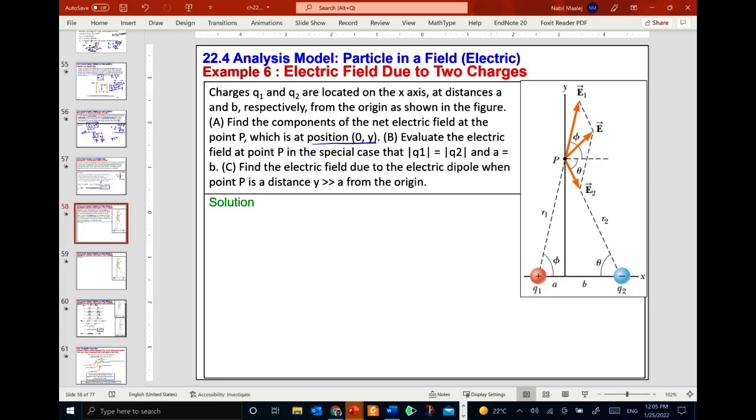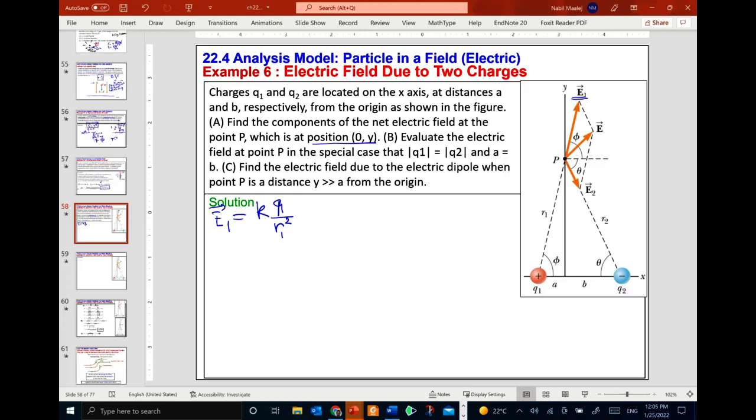So let's draw the electric field. This is a positive charge. The electric field is pointing away from it. So this is E1, and we can write E1 equals K times Q1 divided by the distance squared, R1 squared.